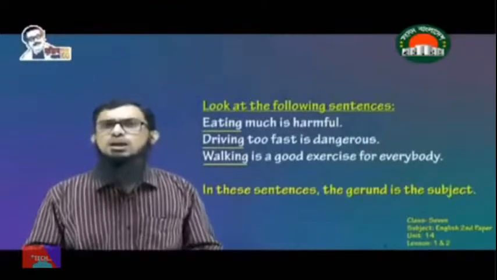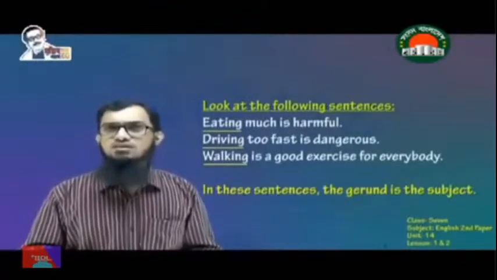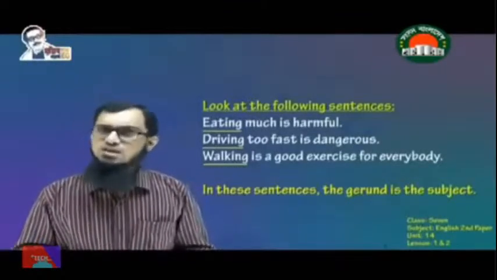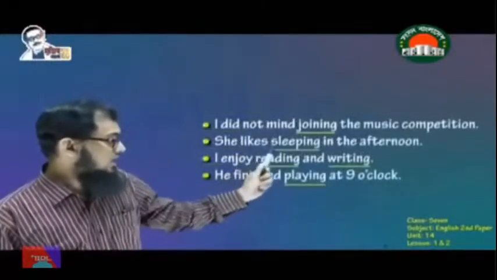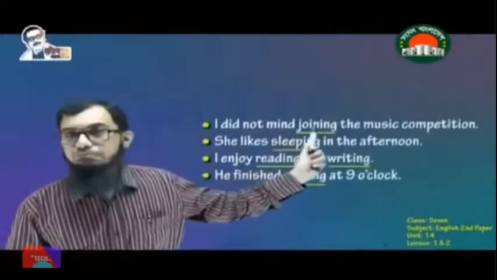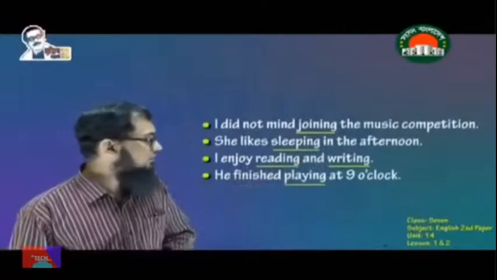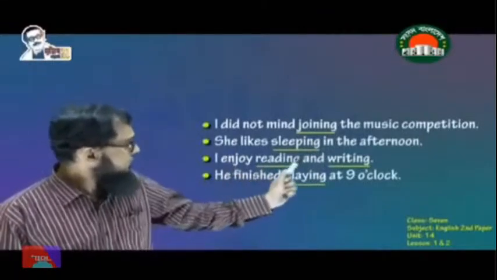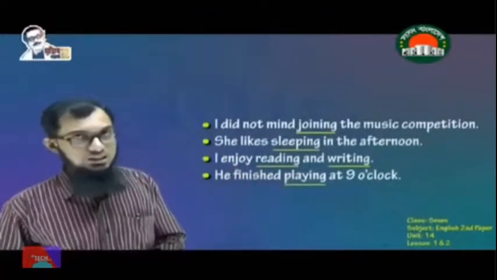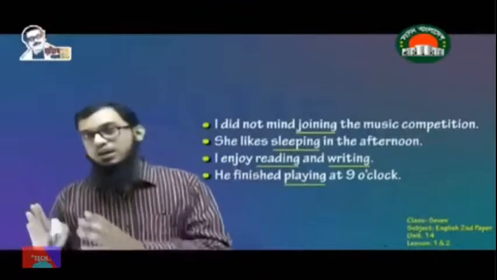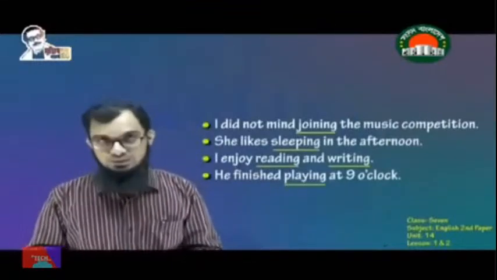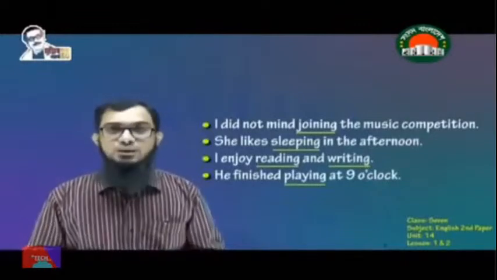So let's look at some examples where gerunds are used as an object of a sentence. And here they are. I did not mind joining the music competition. She likes sleeping in the afternoon. I enjoy reading and writing. So dear students, the way we have to find out a subject, you already have known it.